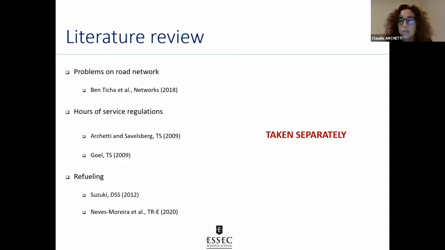For this last class of problems, there are much fewer contributions, which is quite surprising because refueling is one of the major components in transportation, but there are not that many contributions taking into account explicitly the decision of where refueling should take place. And in addition, we couldn't find any contribution in the literature dealing at the same time with hours of service regulation, refueling, and working on road networks.